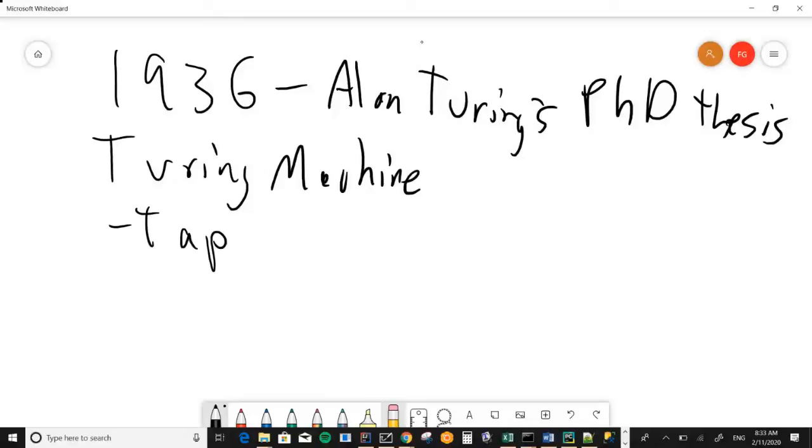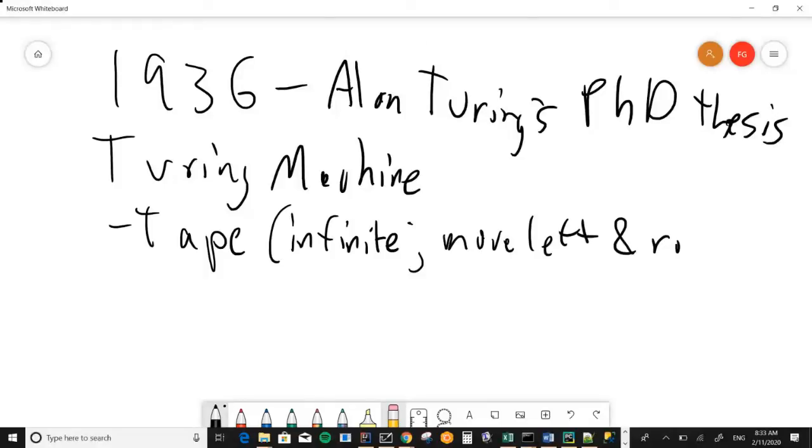It has a tape, and this tape is infinite in size. So already we're getting more powerful than an actual physical computer, since none of our computers have infinite memory, which is frustrating. But anyway, it's infinite, and you can move it left and right. So you've got this infinite stream of tape that you can move to the left or to the right.